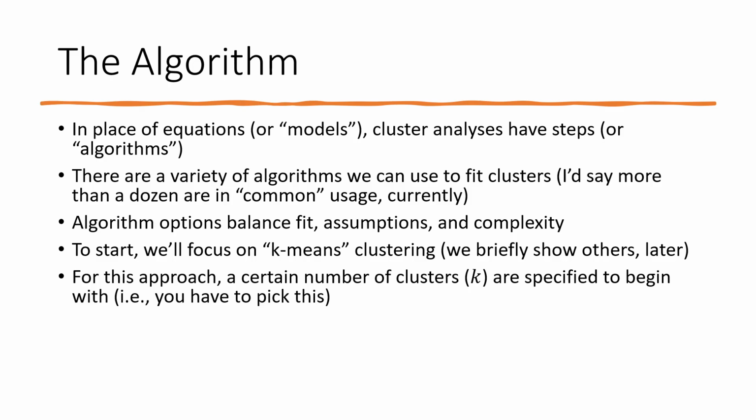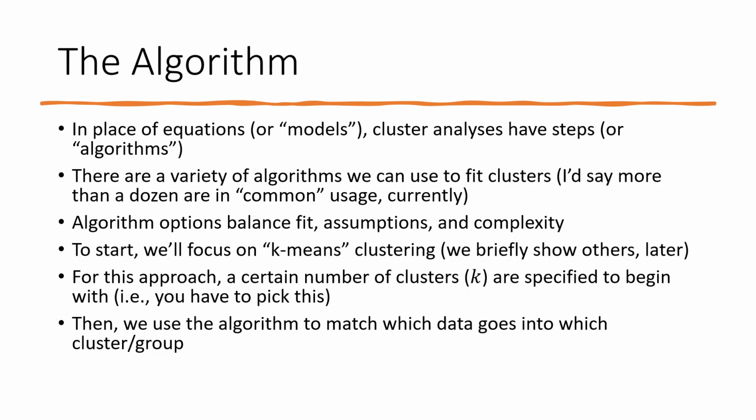For this approach, we have to start with knowing the number of clusters, which is incidentally probably its biggest limitation. But the number of clusters, we'll call it k, is something that we start with up front. So the k is the same k in k-means clustering, in that k is the number of clusters that we start with.